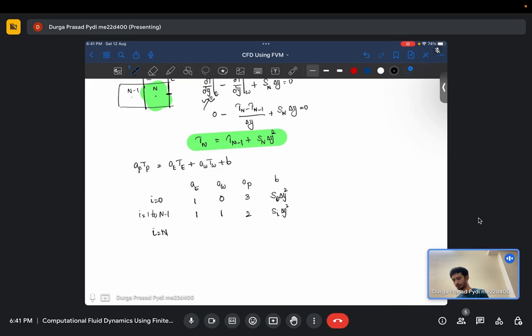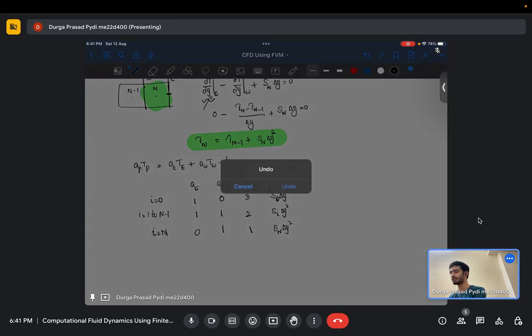AP on the left-hand side is 1, and for the right boundary we don't have anything on the east, so this is 0. A West is 1, and the B term is Sn times delta y square. So these are your set of equations. The boundary conditions are already incorporated into this. If you solve this set of equations, you should get an answer.